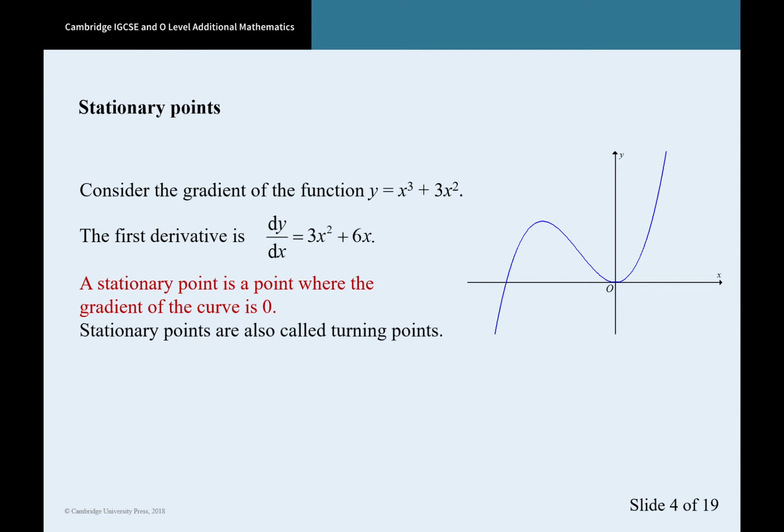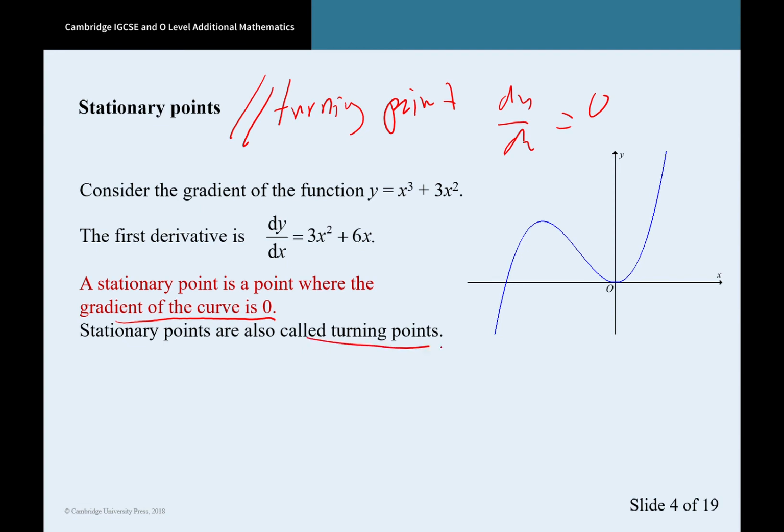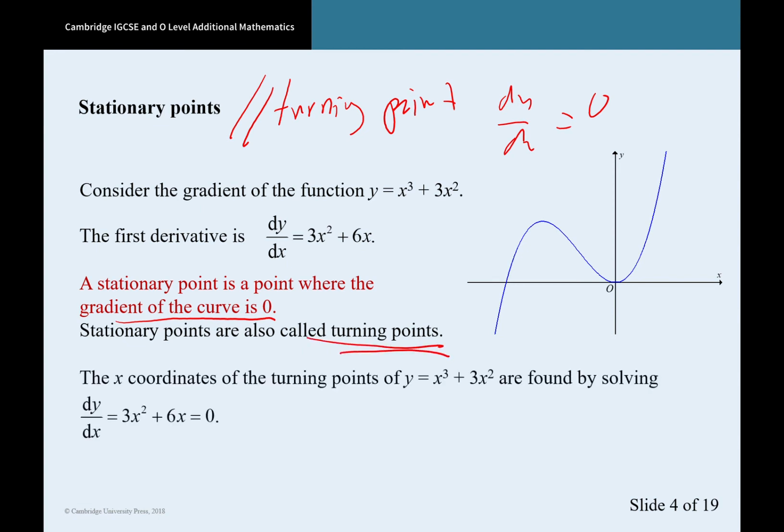So the turning point is actually the same as the stationary point. So at the turning point or stationary point, dy/dx equals 0. The gradient of the curve is 0. So the stationary point is also called the turning point. Alright. And then differentiate, set dy/dx equals 0.